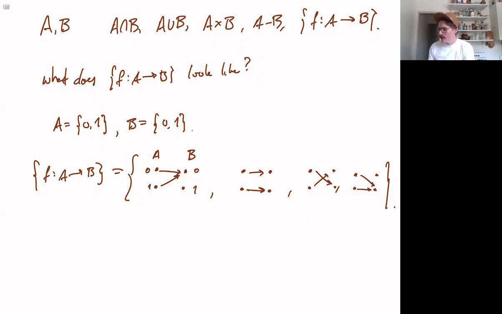So if you have two sets with the same cardinality, as we have in this case, then you can conclude that there exists a bijection. For example, this one and this one.